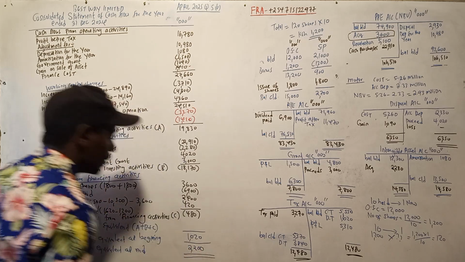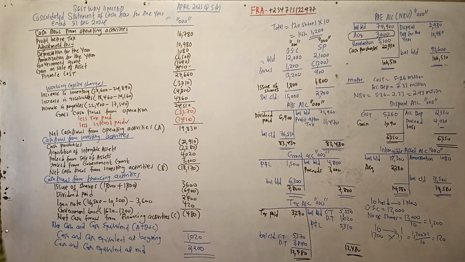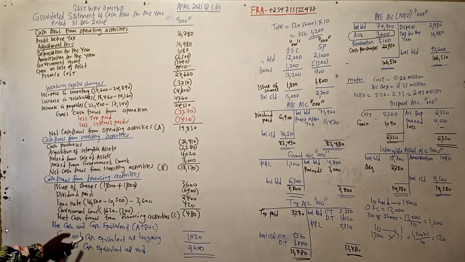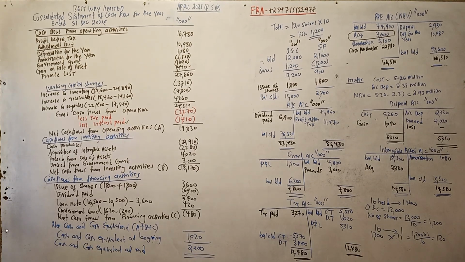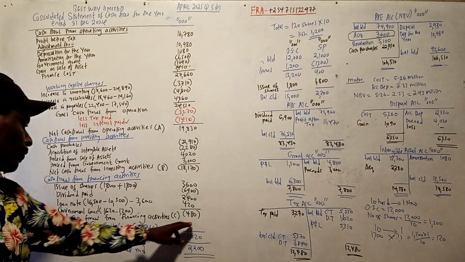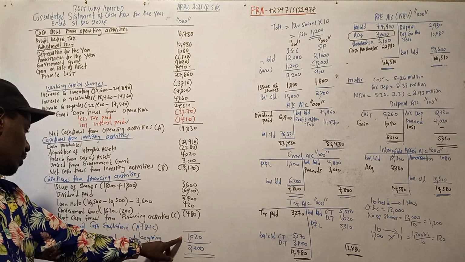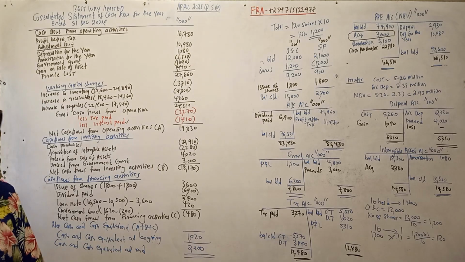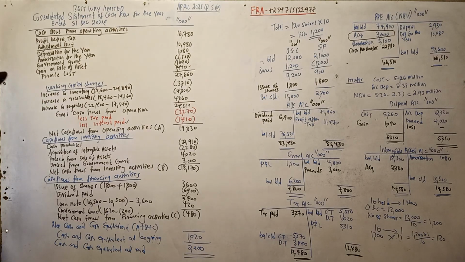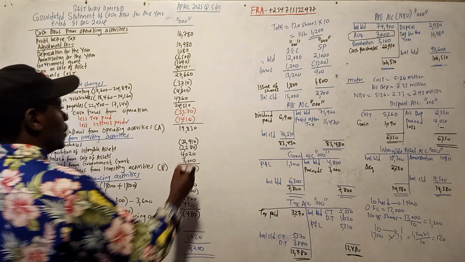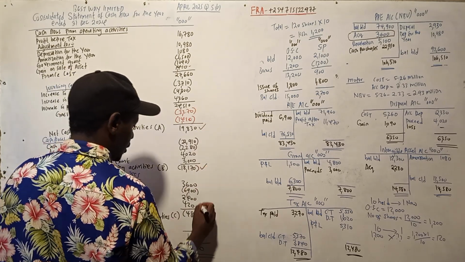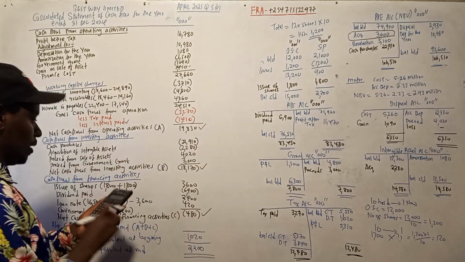Remember, when you take the net cash and cash equivalent and add the cash at the beginning, you're supposed to get the cash at the end. So let us confirm. We need to take A plus B plus C to get that one.